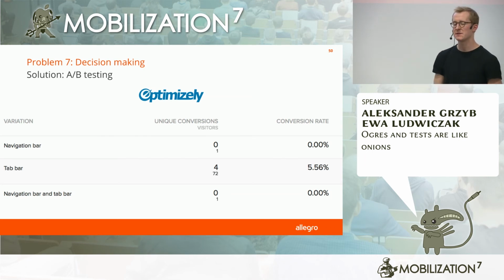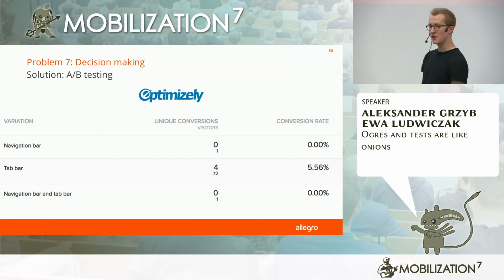From a business point of view, the best cart icon placement would be the one that had the highest number of checkouts. And we'll be running such an A/B test experiment until we collect a statistically significant result, and then we can make a data-driven decision that would be the best for our users and our business.